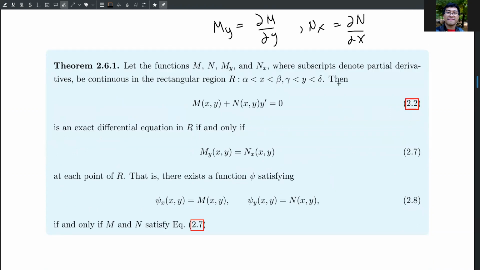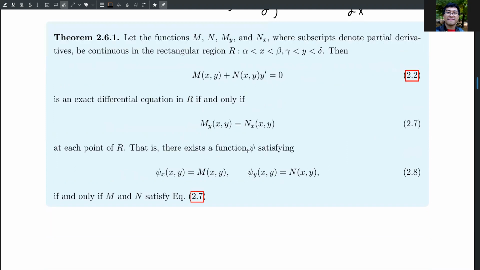You have this exact differential equation if and only if partial derivative of m with respect to y equals partial derivative of n with respect to x at each point in the rectangle.